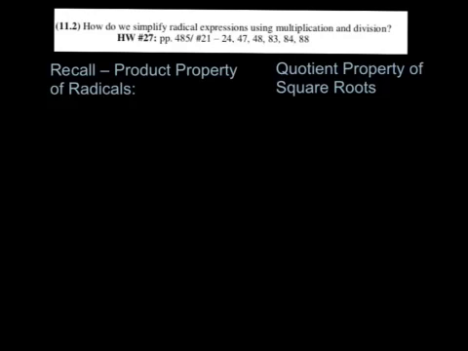What I like to do first is recall the product property of radicals and the quotient property of radicals. As we remember, whenever we have radical ab, it's also equivalent to radical a times radical b.